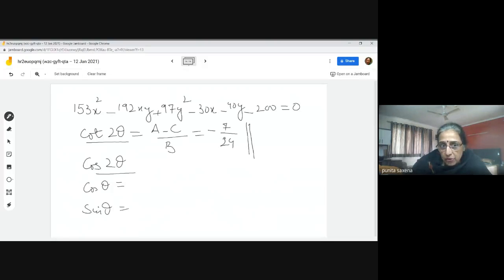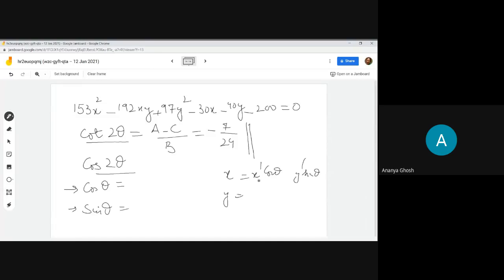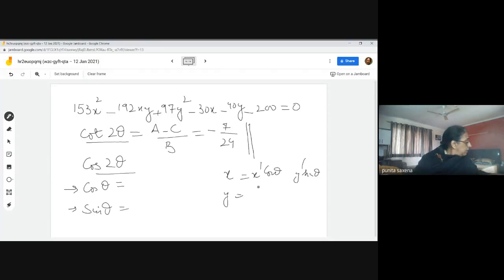Using any knowledge of trigonometry, cos 2 theta निकालना चाहते हो या नहीं निकालना चाहते, तुम्हें जो काम आसान लगता है, we ultimately need the values of cos theta and sin theta because my x and y are defined in terms of x dash cos theta, y dash sin theta. इसी तरह की terms हैं ना हमारे पास। So what I mean to say here is we need not just know theta. What we ultimately need to know are the values of cos theta and sin theta.